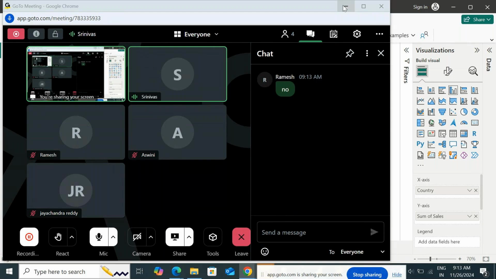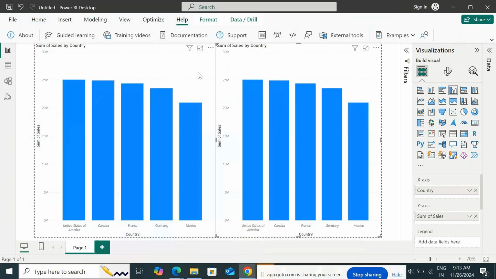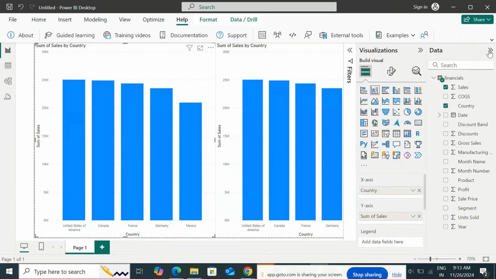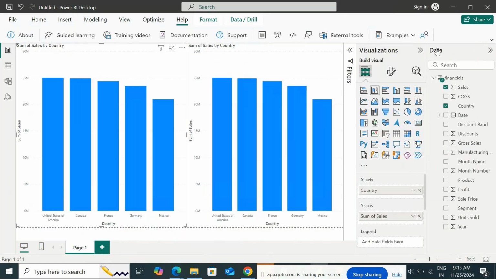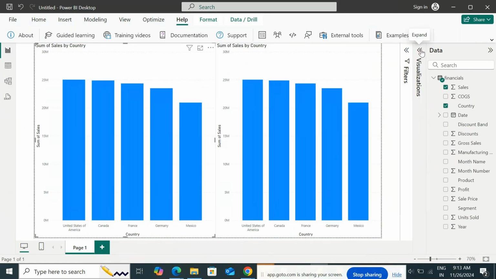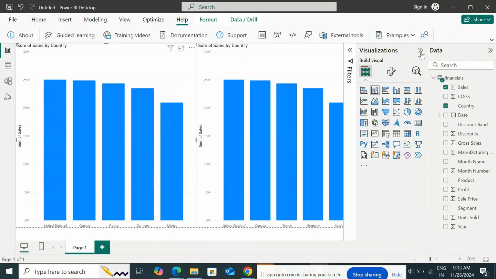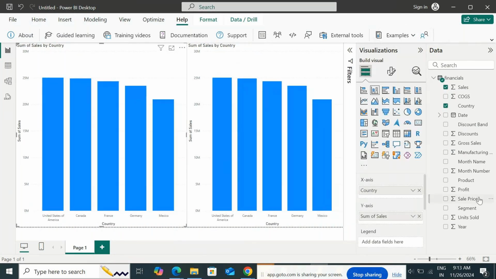Okay. So now, as a third point, let's assume whenever we have a second dimension, let's assume segment.